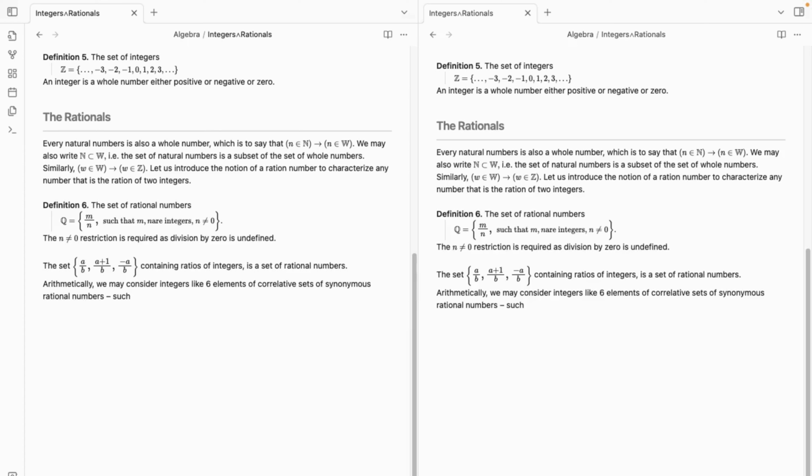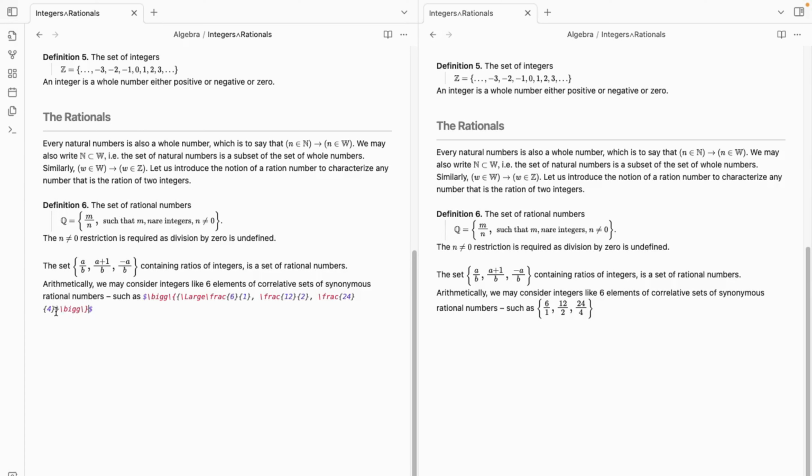We'll see what I mean by that in just a moment. So what do I mean by this phrase, correlative sets of synonymous rational numbers? Arithmetically, basically the idea is that all of these evaluate to the number 6, right?